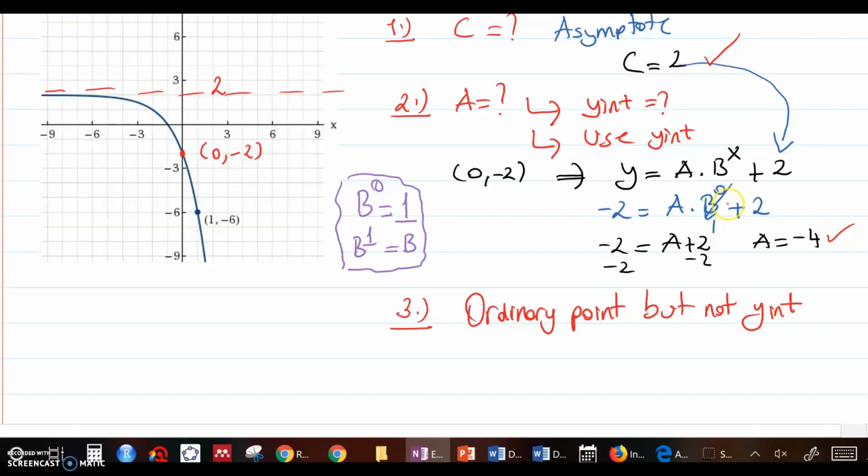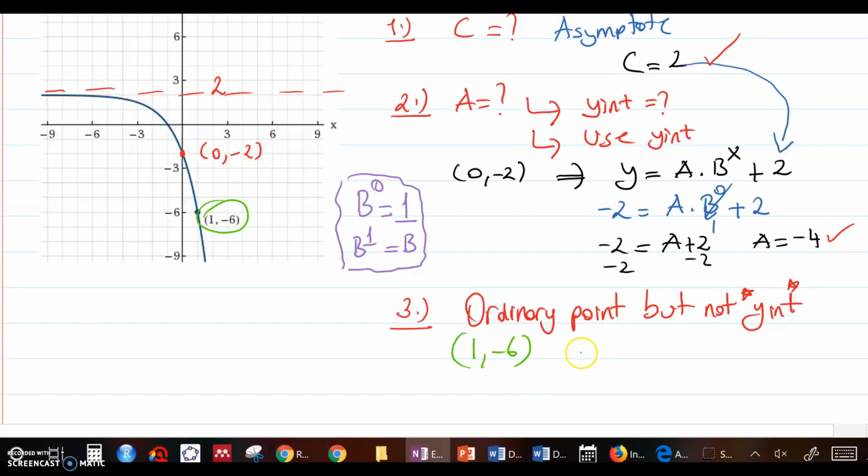However, we want to figure out what b is, so we can't use the y-intercept. So that's why this is important. Okay, so that point is given to us, actually. That's here, (1, -6). So by using (1, -6), we will try to figure out what b is.